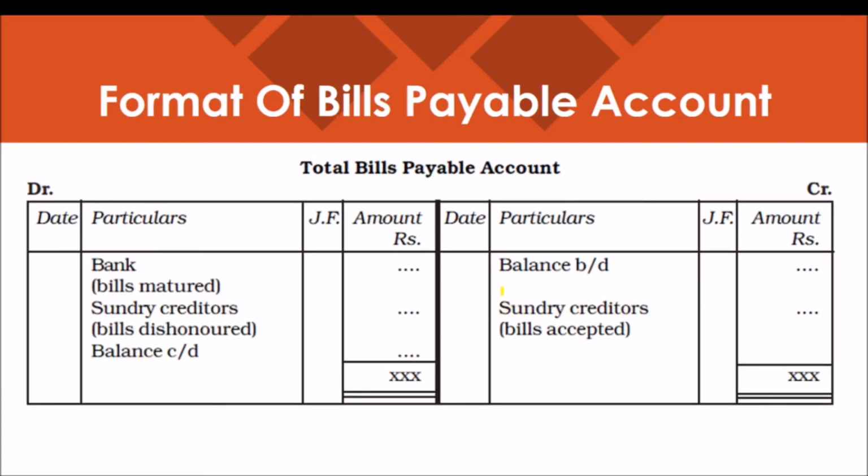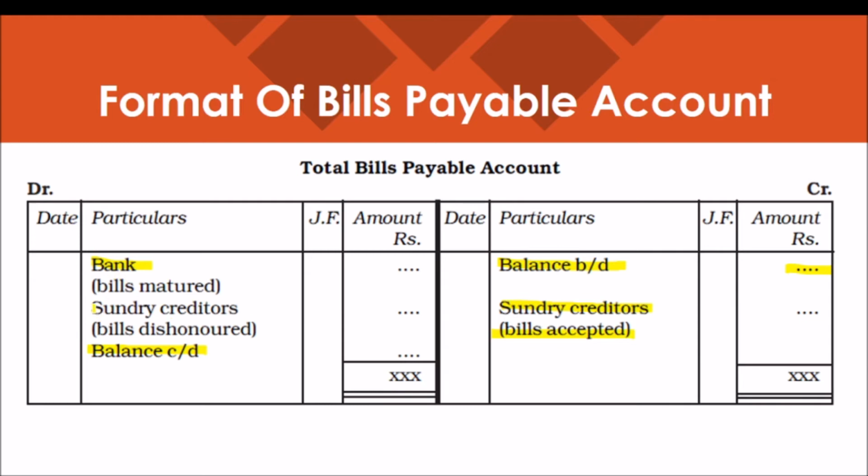And the bills payable account is used to find out other missing figures like the bills payable amount. So it will begin with the opening balance in the credit side, closing balance in the debit side. Then we have to write the sundry creditors, that bill accepted, and if the bill matured, the amount will be written in the debit side to bank.